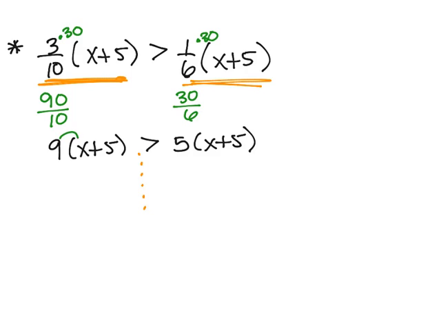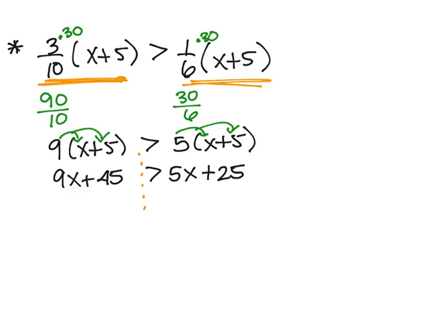You're going to distribute, and that would give us 9x plus 45 is greater than 5x plus what? 25. And we're going to switch sides. 9x minus 5x is greater than 25 minus 45.